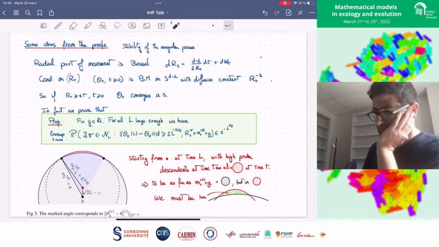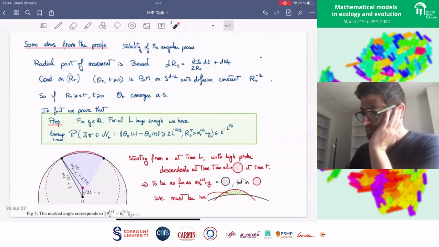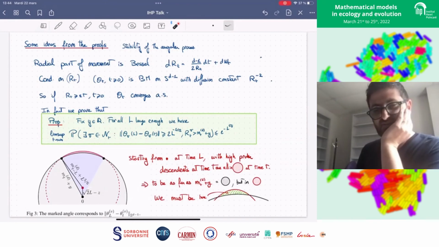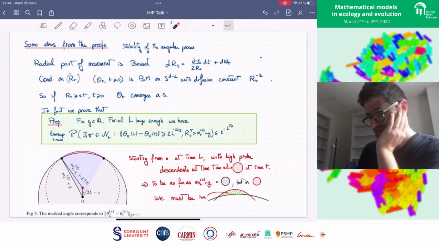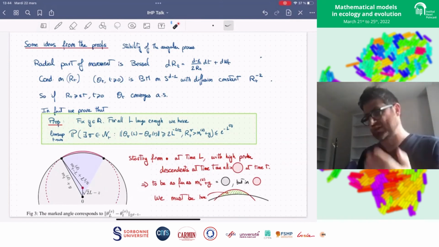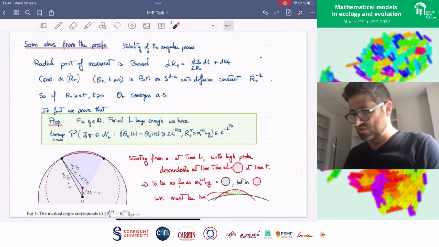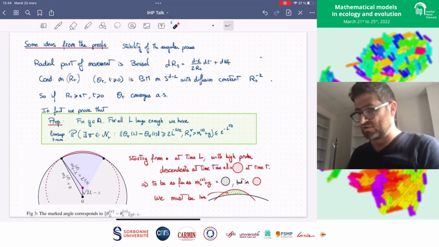One way we exploit this is the following. We know that all the particles which are going to be leaders at time t, because of what I said in the previous slides, are already at a large distance from 0 at time L, which is large but small compared to t. Take a leader, which is above m_t plus y.